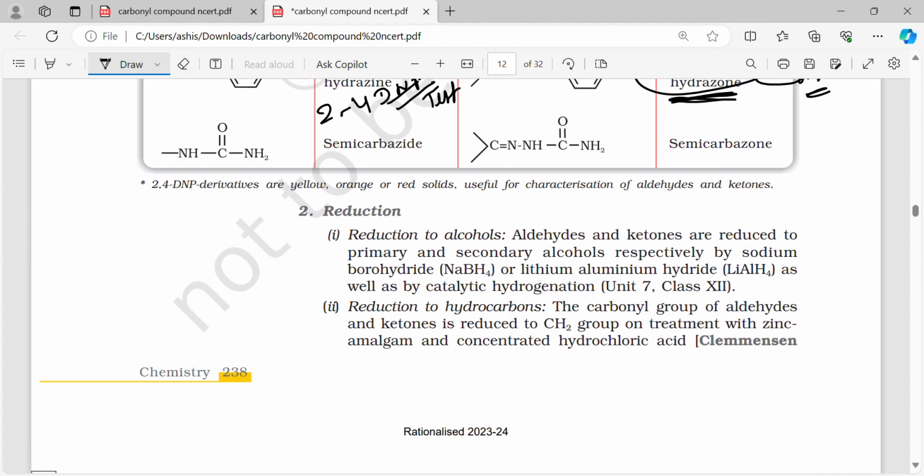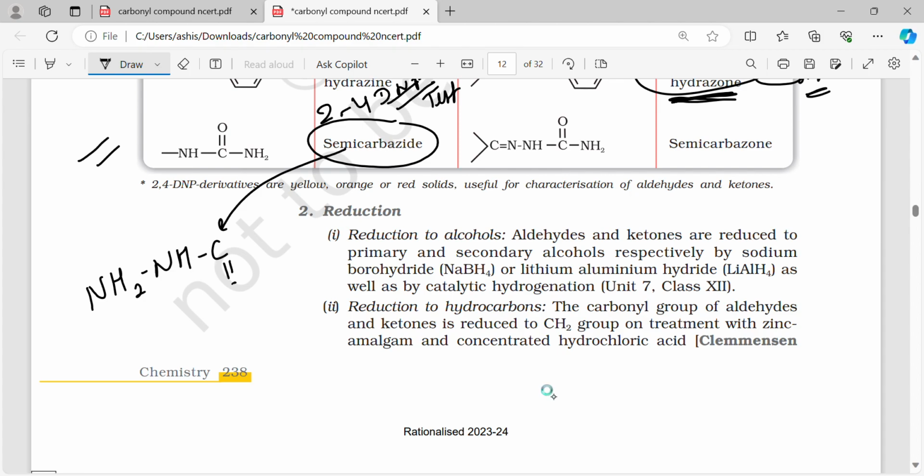That's why this is called the 2,4-DNP test. The test is given positive by aldehyde as well as by ketone. So these are all nucleophilic addition elimination reactions of carbonyl compounds.